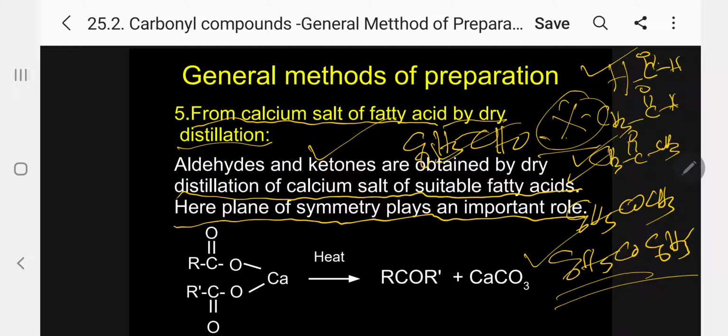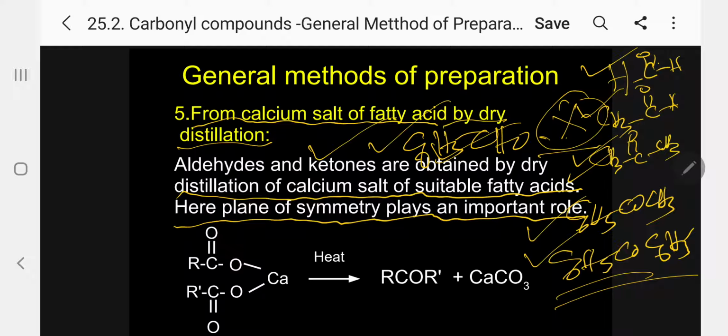Formaldehyde means formic acid, calcium formate. Acetone means acetic acid, calcium acetate. Benzophenone, benzoic acid, calcium benzoate. Kindly follow. Suppose you want to prepare unsymmetrical ones: acetaldehyde, benzaldehyde, acetophenone. You have to use a mixture of 2 calcium salts. This is the idea you must have.